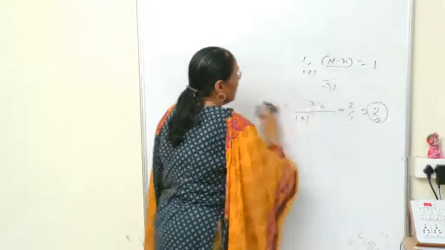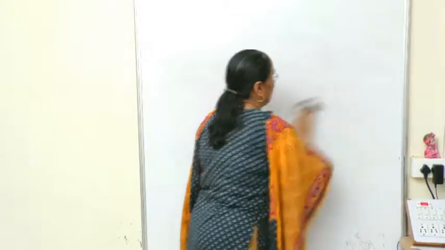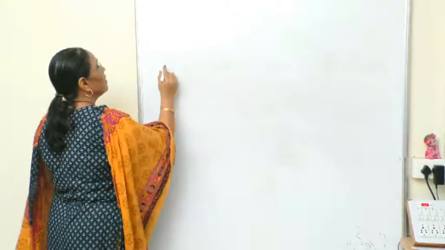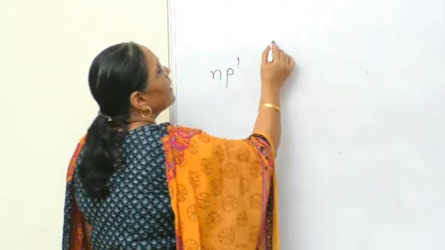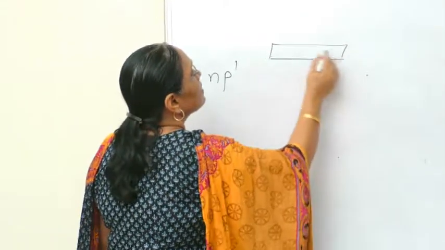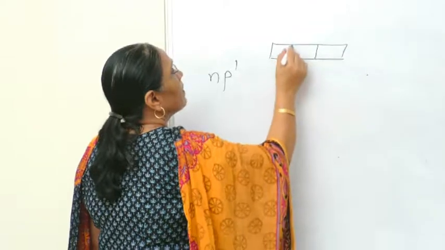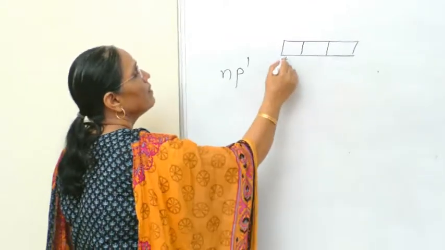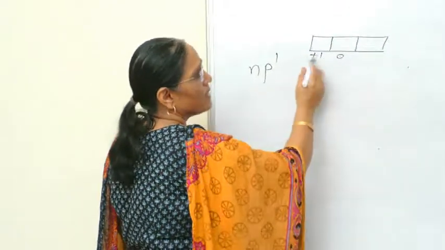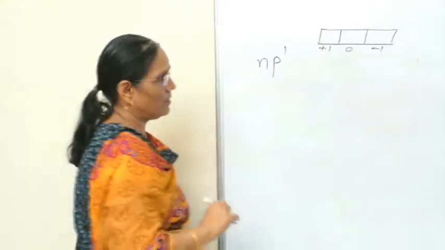Consider the np1 configuration. Totally there are three suborbitals in the p orbital, with ml values +1, 0 and -1.